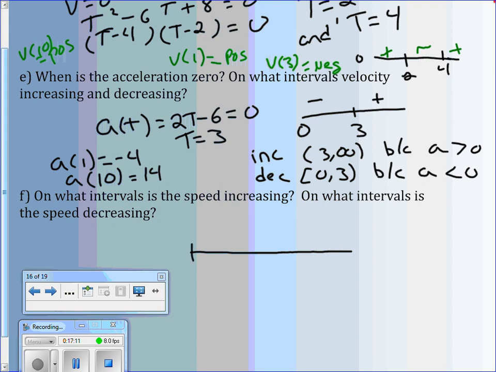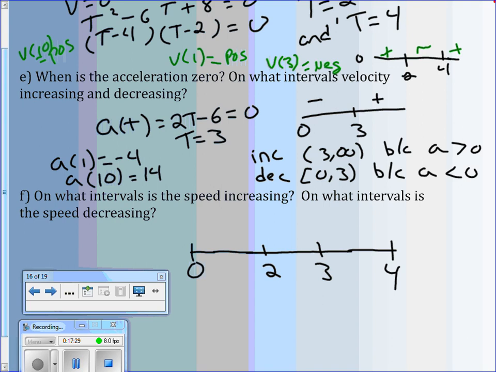Combine my sign charts. 0, 1, 2. Oh, I didn't have a 1. There's no 1. 0, 2, 3, 4. Okay.